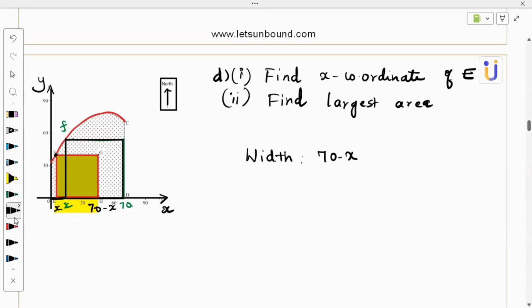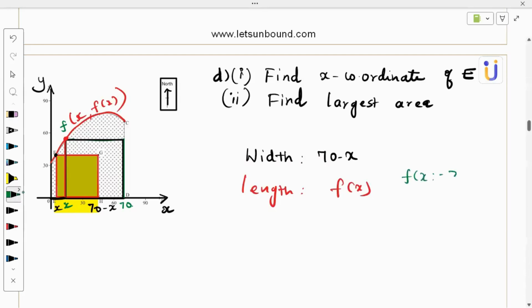Now the length, if I take the lengthier part, is nothing but the y coordinate of this point F. I don't know X, let it be X. So f of x will be the length. What is f of x? Actually, this is given, right?